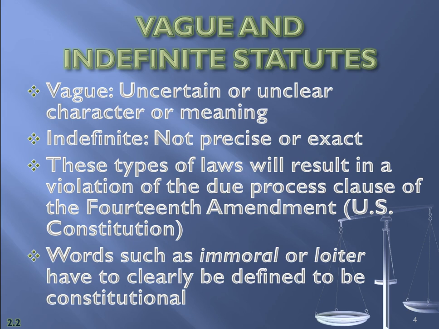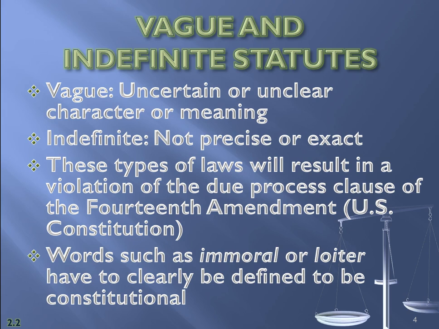So vague means uncertain or unclear character or meaning. So criminal statutes which are vague and uncertain will result in a violation of the Due Process Clause of the 14th Amendment to the United States Constitution. And that's important for us to know, because if those sections are vague, then we're not going to be able to uphold those laws.